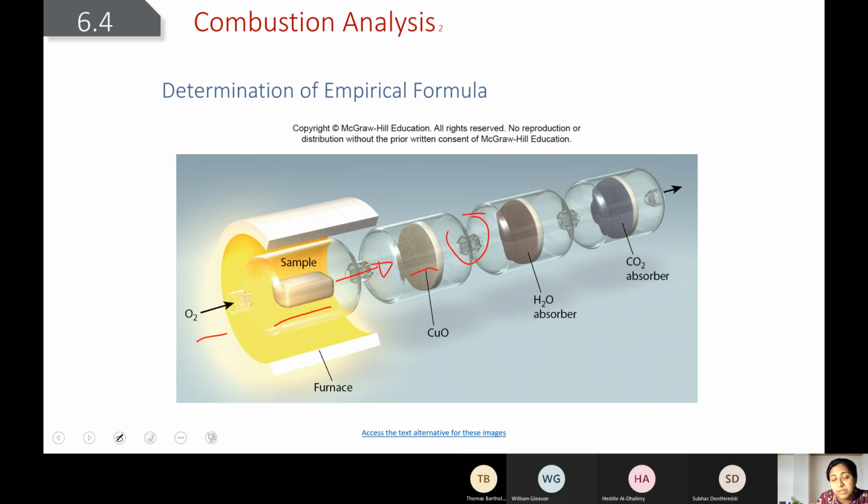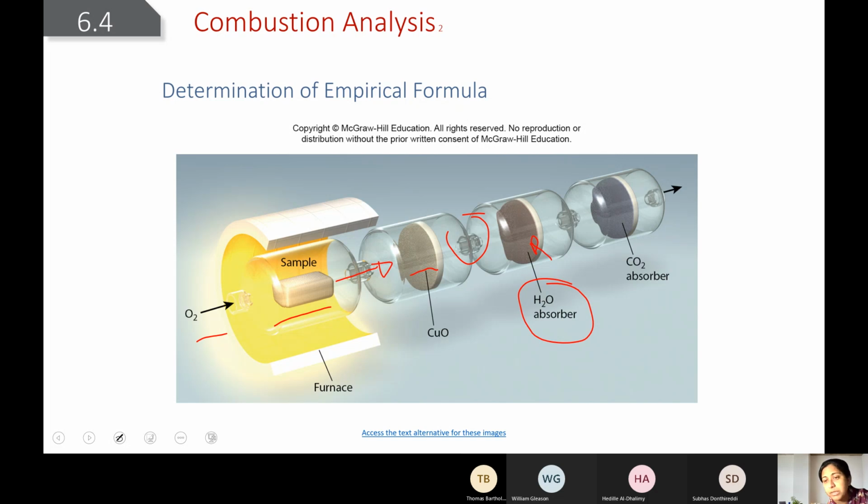The carbon and hydrogen will be turned into gases, water vapor and carbon dioxide, and then it will go through an H2O absorber. In this chamber, all the H2O vapor will be absorbed.